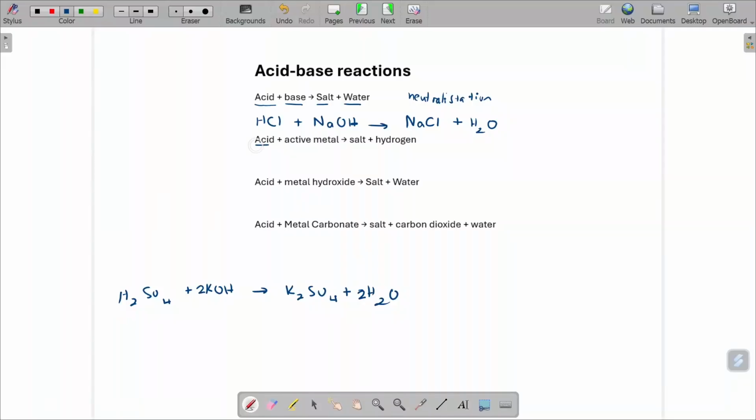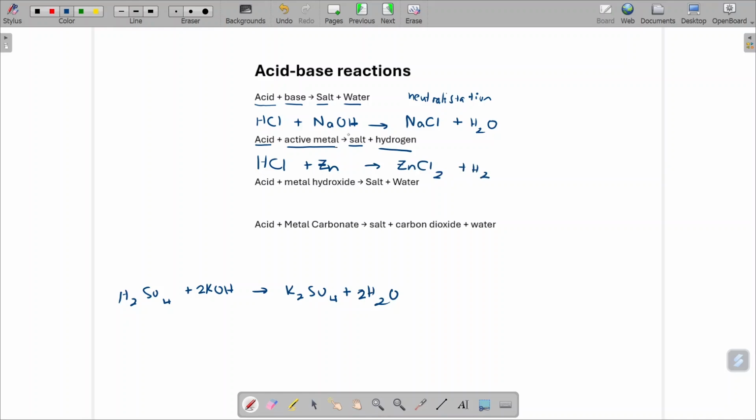The second kind of reaction is that of an acid and what's called an active metal. And this will give you a salt and hydrogen. An example of this would be HCl plus a metal like zinc. And this will form a salt, namely zinc chloride, and hydrogen gas will be produced.